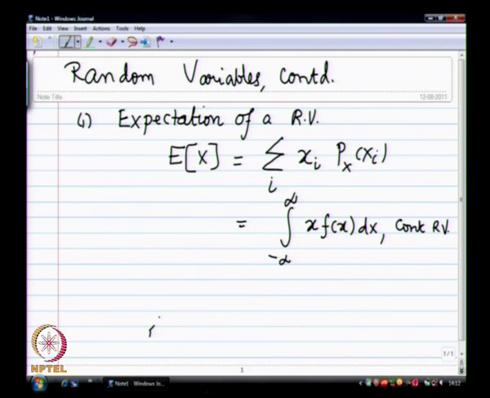This is continuous, this is discrete. In general I can extend this expectation to any function of the random variable, f of x.